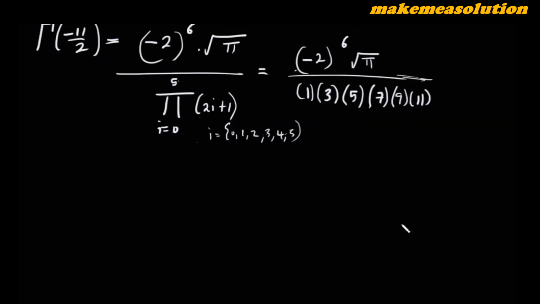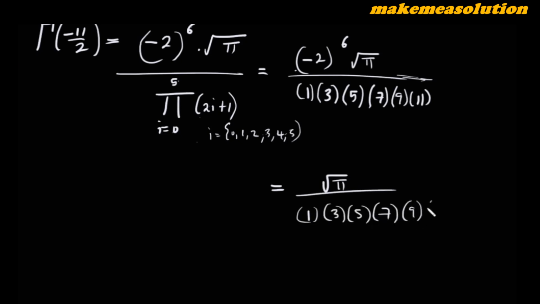And if I simplify this thing, I don't mean to simplify it further, but I just want to show you that this formula is authentic. If I simplify it further, if you divide the numerator and the denominator by negative 2 raised to the power of 6, it's still 1, 3, 5, 7, 9, 11 divided by negative 2 all raised to the power of 6.